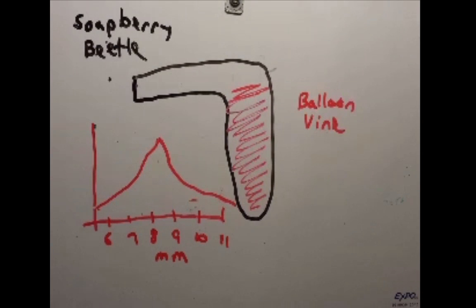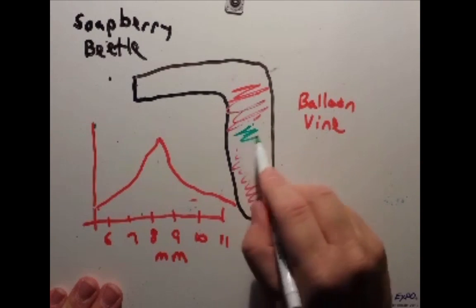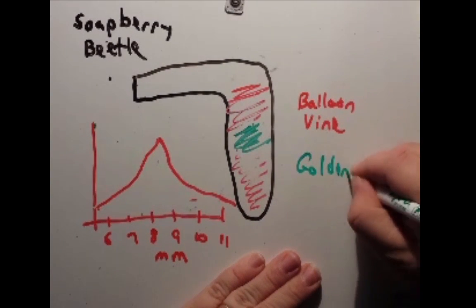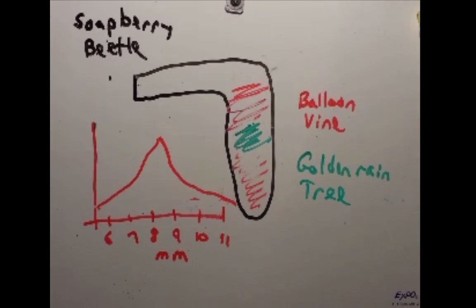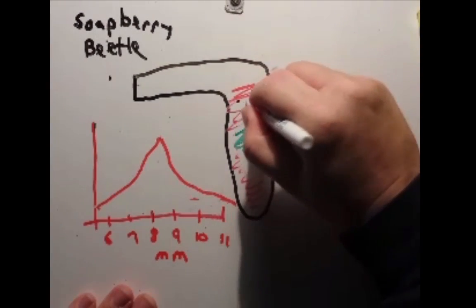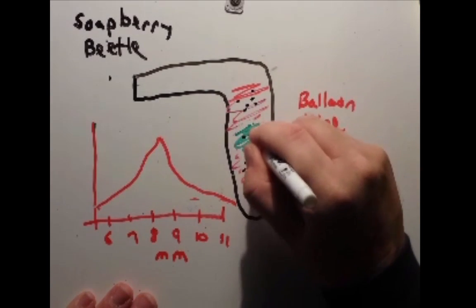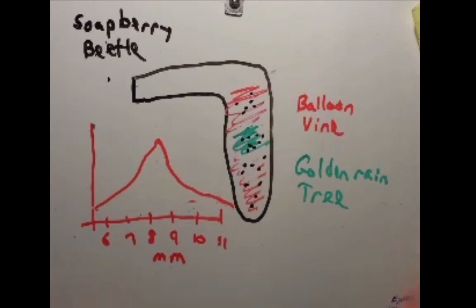Now what happened though was that in this central region a new species was introduced, and this new species, we'll just draw it like that, is called golden rain tree. The beetles were still feeding. In fact, they were still feeding on the balloon vine here, and this new vegetation which overtook the balloon vine still allowed the soapberry beetle to feed on it.